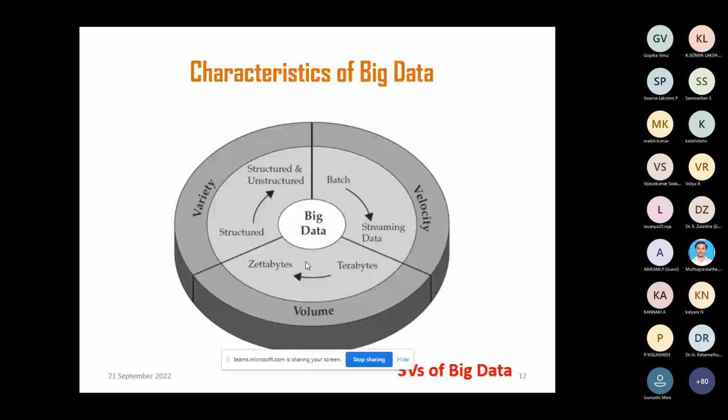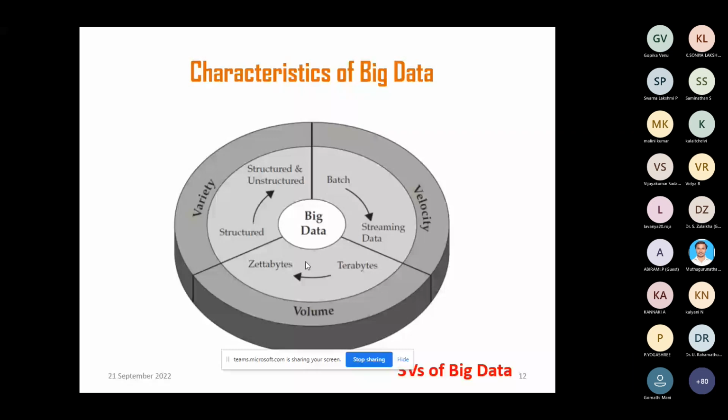Whether the resources available with us could handle such a huge volume of data, of course they could not. So in that case, we need to think about this particular characteristic that supports big data in handling such a huge volume.